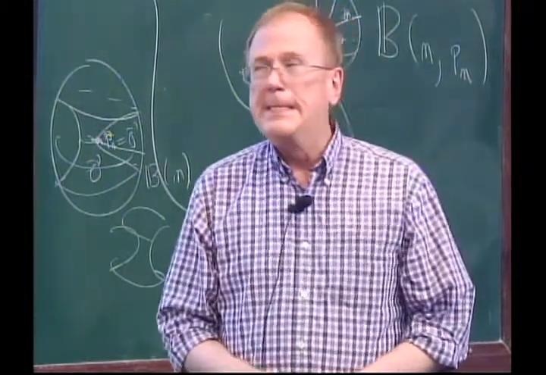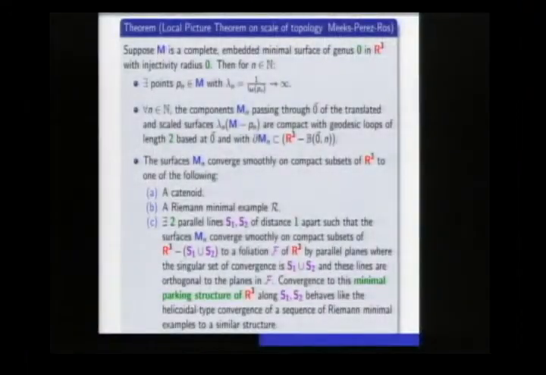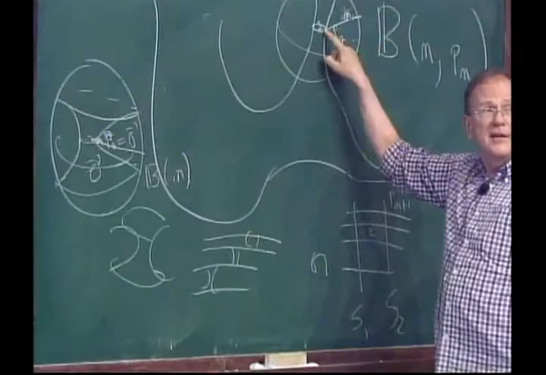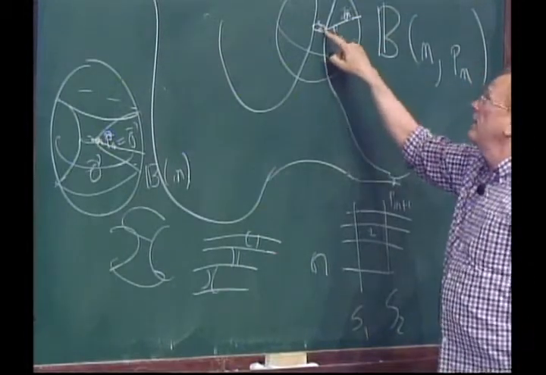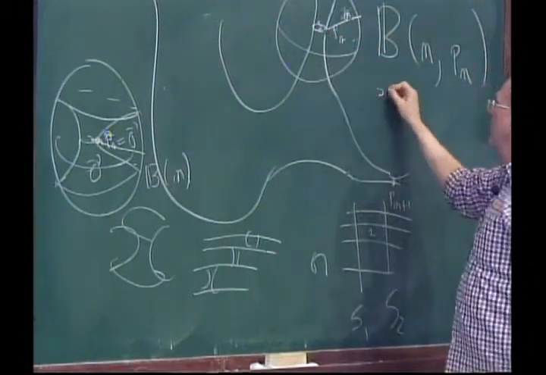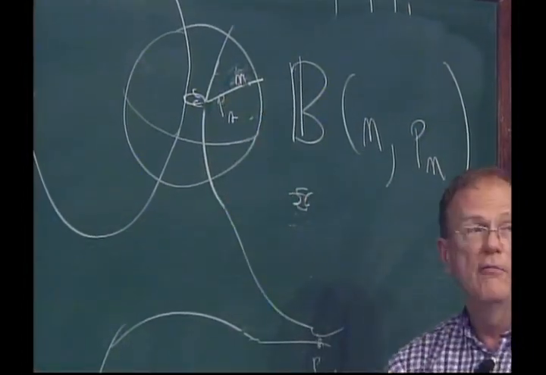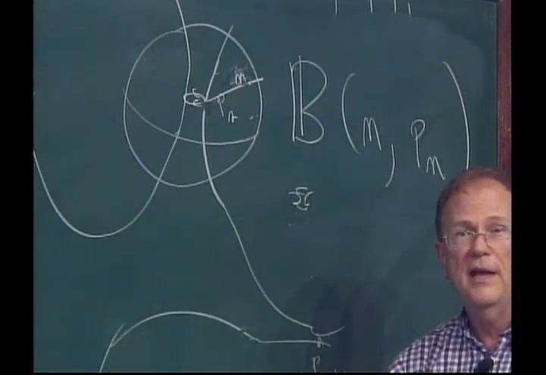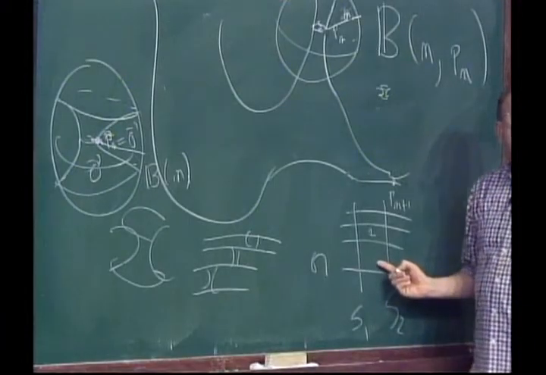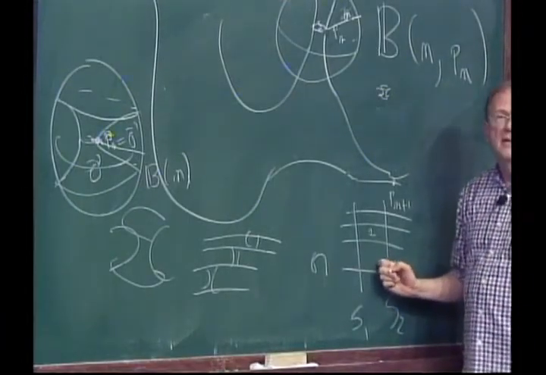So, okay, how do I pick my points? At certain points, what looks like under a microscope is very, very classical. Either I'm seeing something like a catenoid on a very small scale, I'm seeing Riemann on a very small scale, or I'm seeing a parking garage structure on a very small scale.